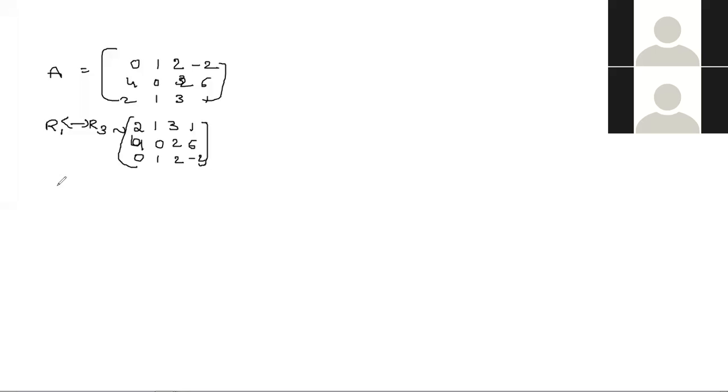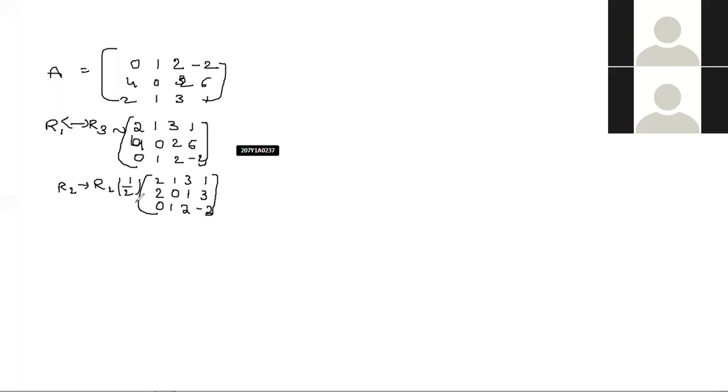So we apply r2 multiplied by 1/2. Then we get 2 1 3 1, and next 2 0 1 3 (4 by 2 is 2, 0 by 2 is 0, 2 by 2 is 1, and 6 by 2 is 3), and the remaining row as 0 1 2 -2. We didn't change anything on that.